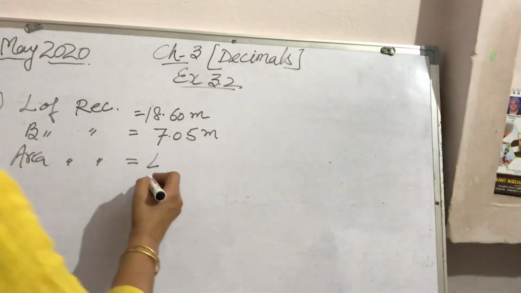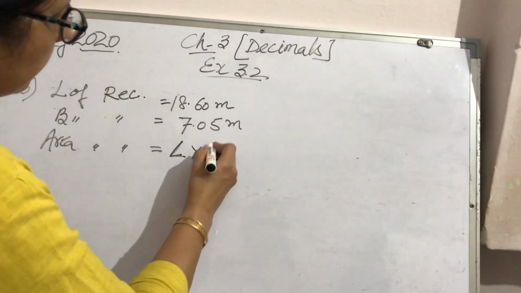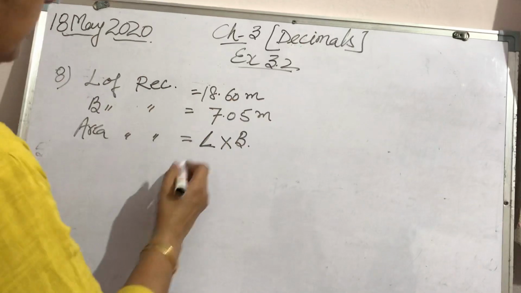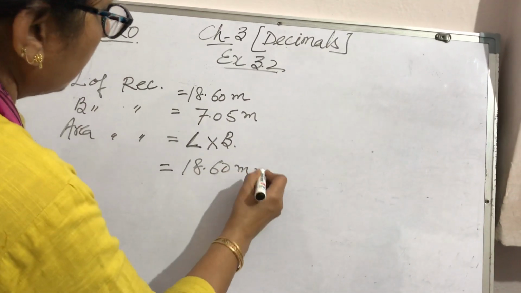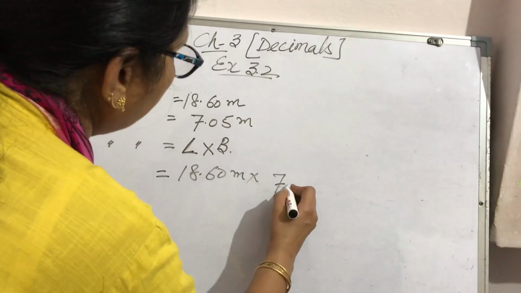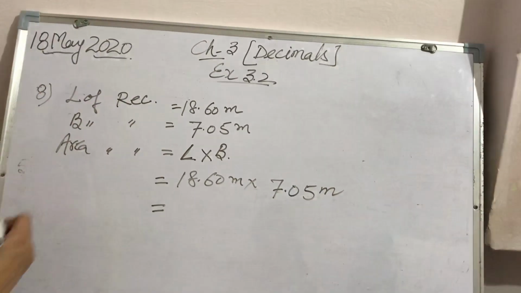The area of a rectangle is length into breadth. Length and breadth we already have, so 18.60 meters multiplied by 7.05 meters.